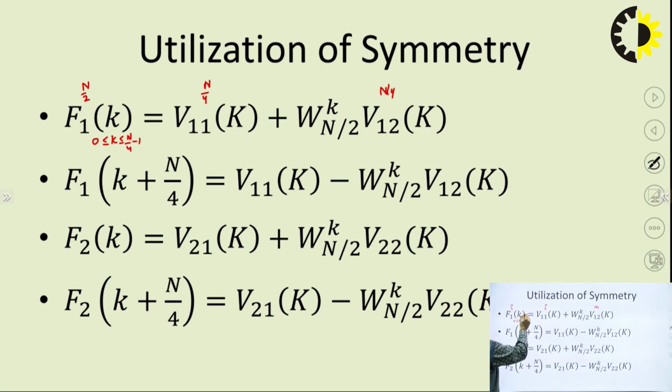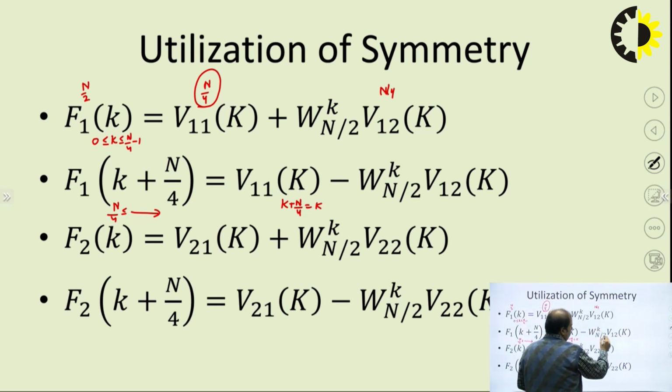So these points can be evaluated from here, and the remaining n by 4 points can be computed using the periodicity property of this n by 4 point DFT. So if I add n by 4 here, k plus n by 4 is equal to k, because it is periodic. Similarly, V1 of k will also become equal for k equal to k plus n by 4. What changes is the sign.